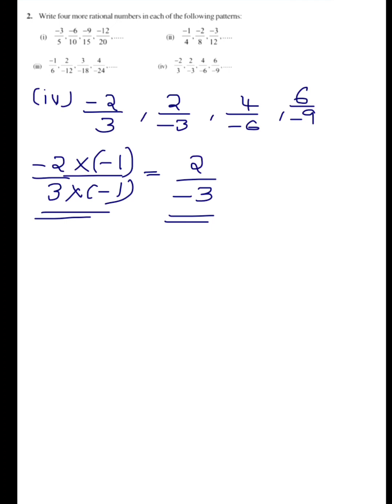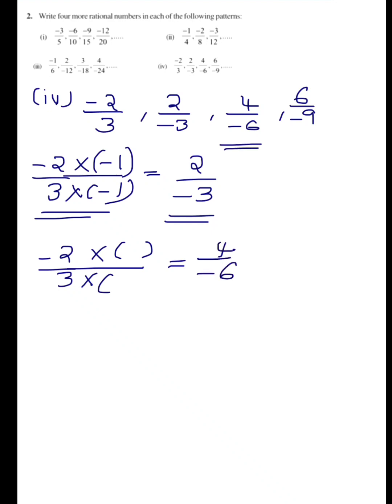Now again let's write the first number itself, and after multiplying it with something, you will get the answer as 4 by minus 6. So what will be that? 2 into something equal to minus 6. 2 into minus 2. So here also minus 2. So in the answer you will get 4 by minus 6.